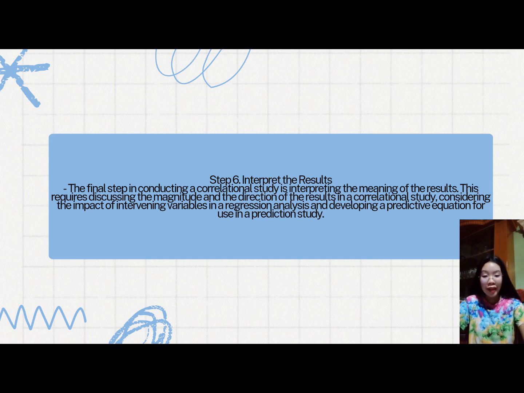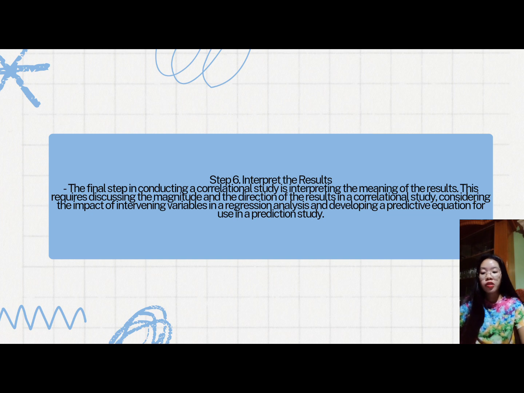Next is step 6, interpret the results. The final step in conducting a correlational study is interpreting the meaning of the results. This requires discussing the magnitude and the direction of the results in a correlational study, considering the impact of intervening variables in a regression analysis, and developing a predictive equation for use in a prediction study.